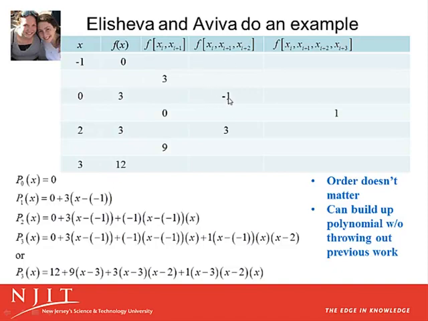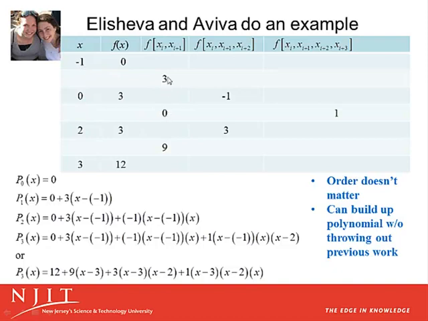The second divided differences are found by now just taking the difference of the previous ones. 0 minus 3 divided by 2 minus negative 1. We go to where we found our values from. So the 0 is found on the bottom, as low as you go on this chart, from the 2. This 3 up here was found from this minus 1. So we'll take 2 minus the minus 1.